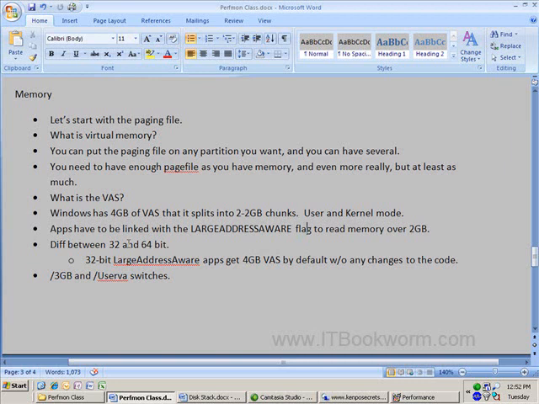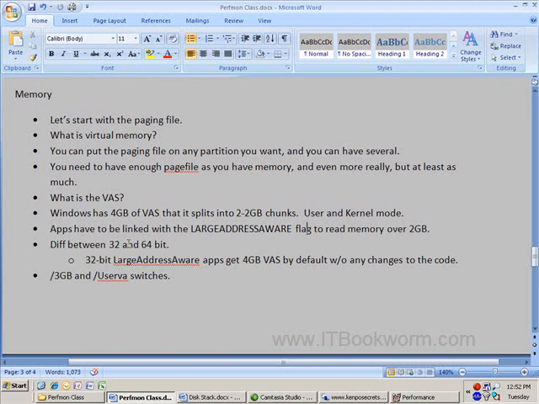That's why Windows starts out with 4 gigs and cuts 2 gigs right down the middle and splits it, right? 32-bit can't address more than 4 gigs. 64-bit can. So it's not a limitation in Windows. It's a limitation of the address space itself. There aren't enough numbers to go over 4 gigs.